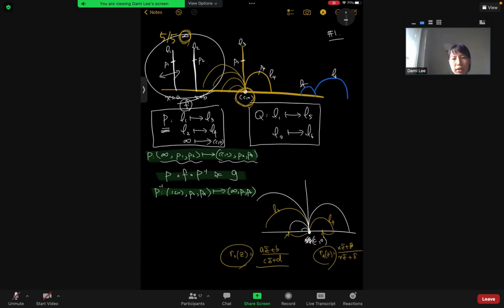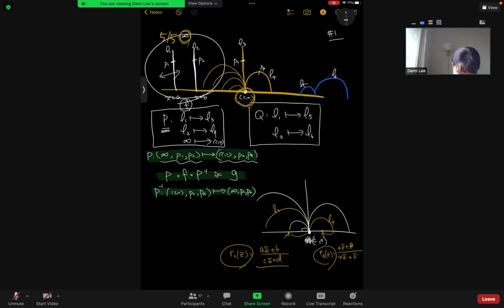As soon as I give you 2 points, no one can argue which line we're talking about. Those 2 points are sent to P3 and C comma 0, so nobody can say there are more lines than just that one geodesic. There's only one, which is in fact L3. So when I map this to L3, that's the reflection that I actually get.